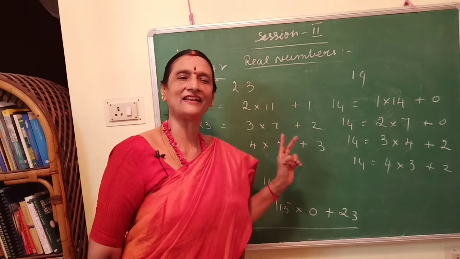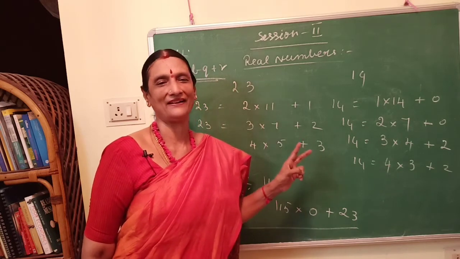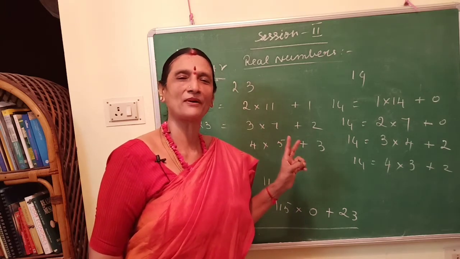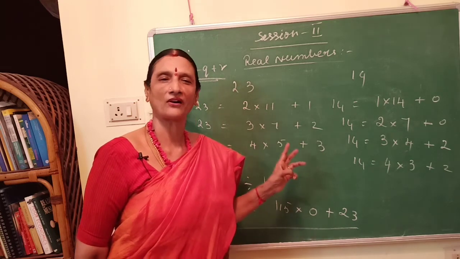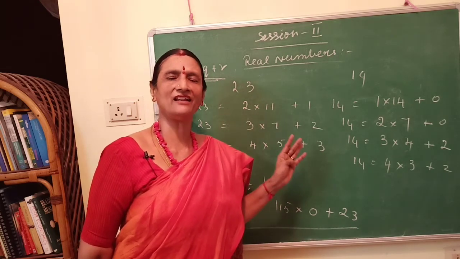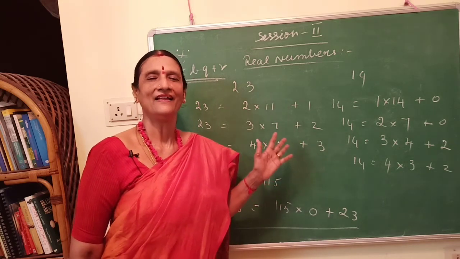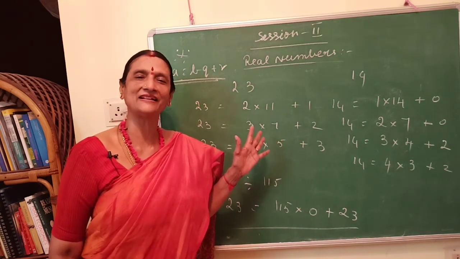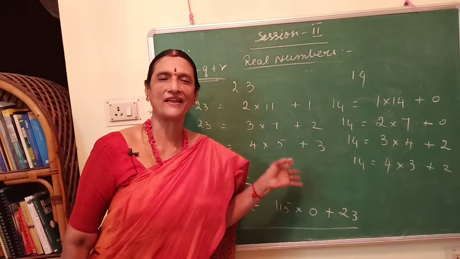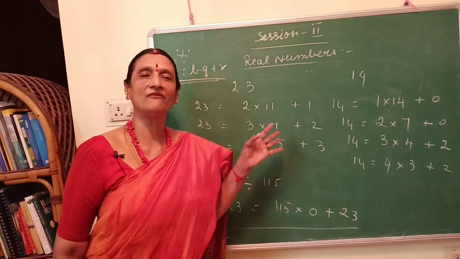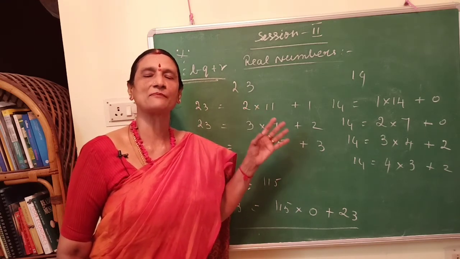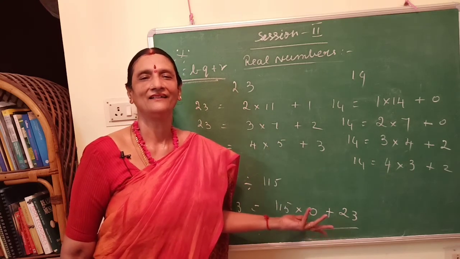If I divide by 3, 2 remainder. By 4, 3 remainder. By 5, 4 remainder. By 6, 5 remainder. But if I divide the number of eggs by 7, no remainder."